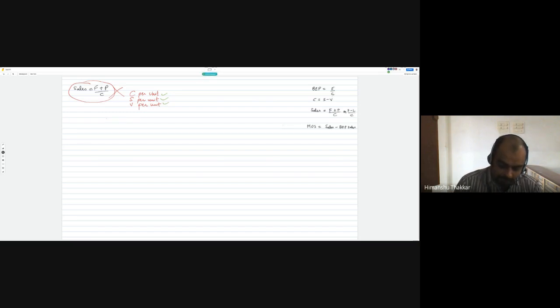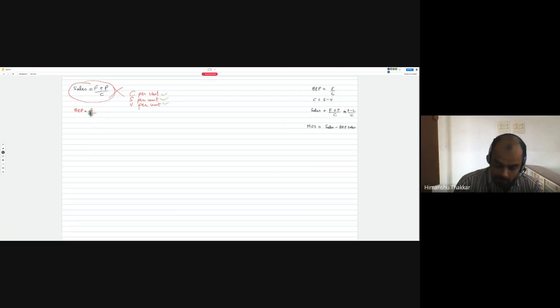So in this example, the formula changes. The formula changes when you don't have per unit variable and selling. So the formula will be BEP is equal to F upon PV.